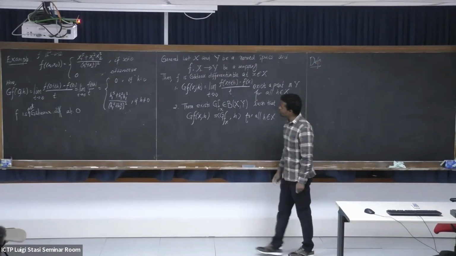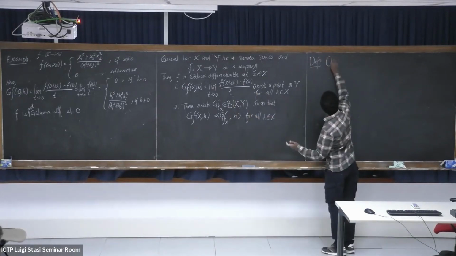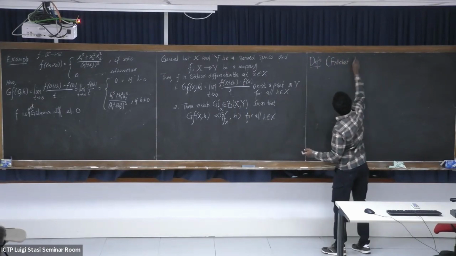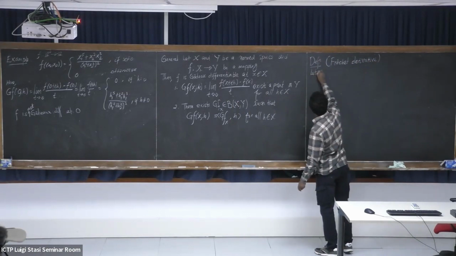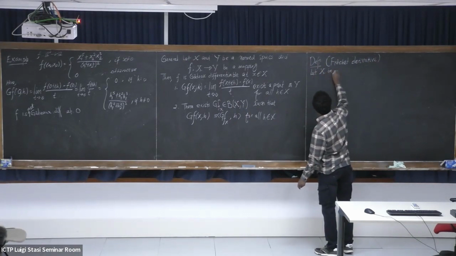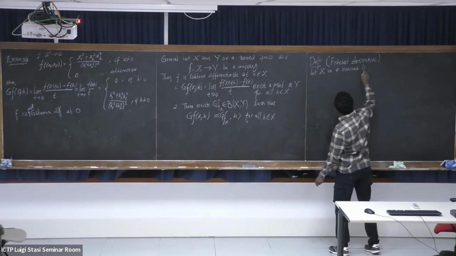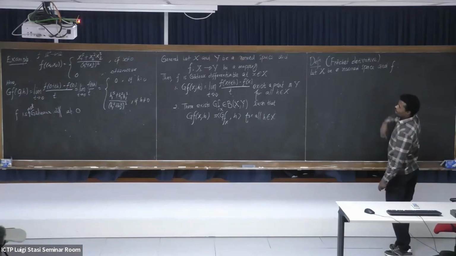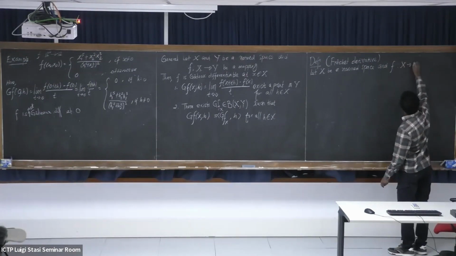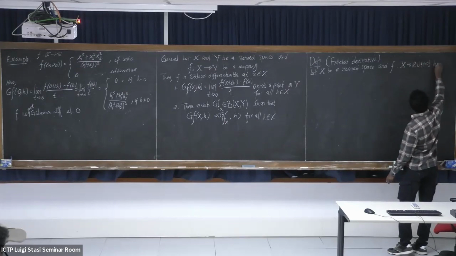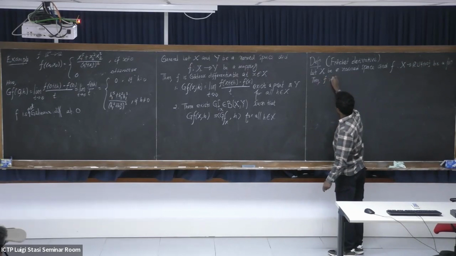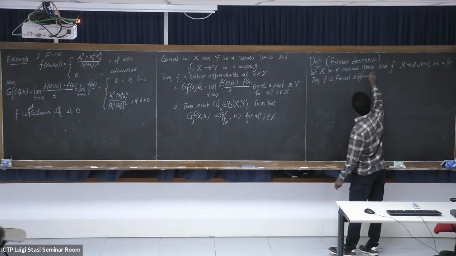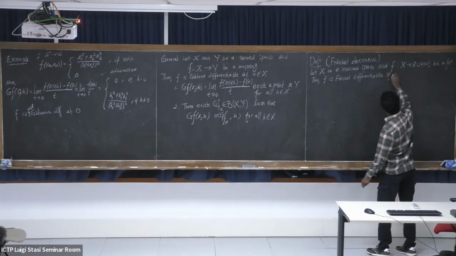Now it is the right moment to define the Fréchet derivative. Let X be a normed space and f a function on X. F is Fréchet differentiable if there exists this.